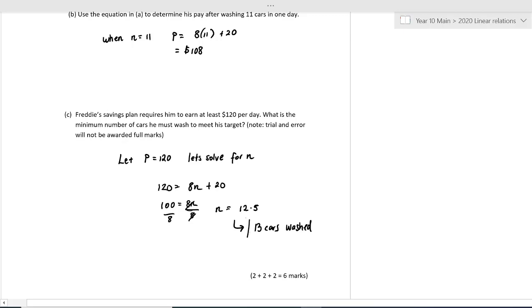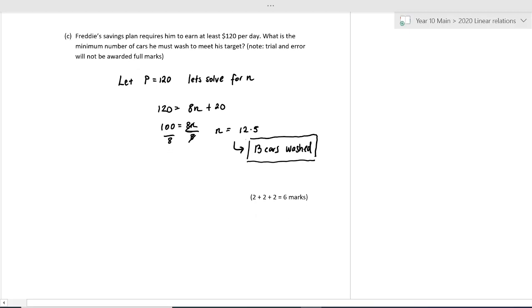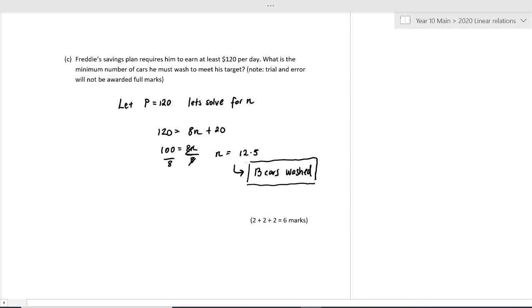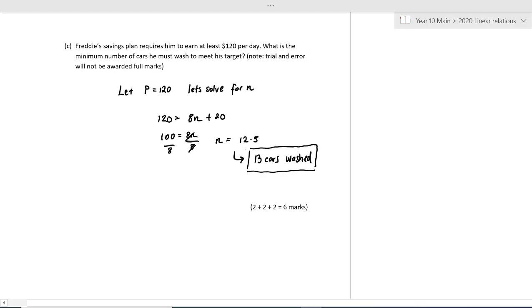We have to have a discrete value, a whole number. So if we solve and we get 12.5, we have to round up to 13. Hopefully that is a pretty straightforward linear relationship. Instead of x's, y's, c's and m's, we still use the same principles, but this time we're looking at P for pay and n for the number of cars.